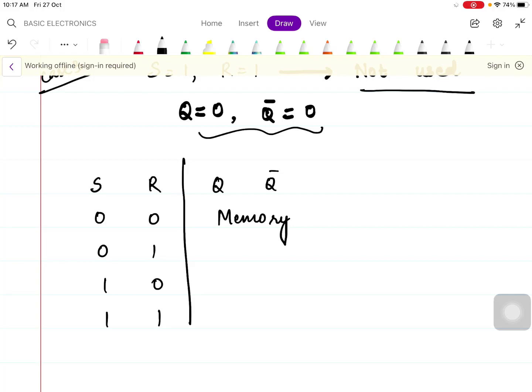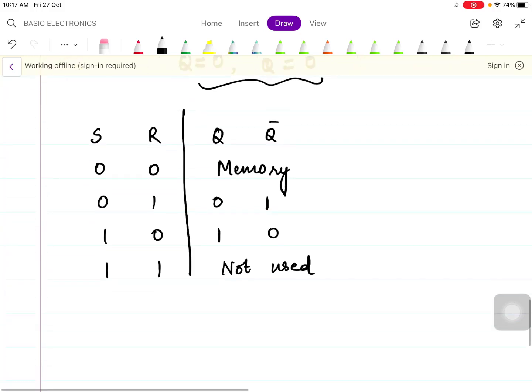For 0, 1, the reset part is activated, so output is 0, output bar is 1. For S 1, R 0, the set part has been activated, output 1, output bar 0. And 1, 1 is a not used condition. So this is about the SR latch using NOR gates. I hope it is clear to you all.